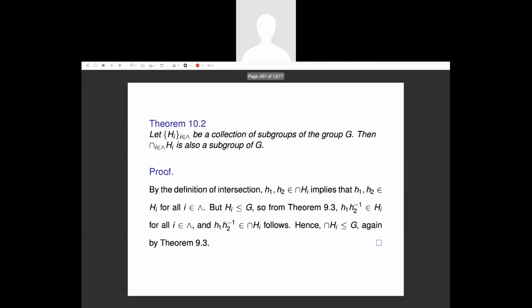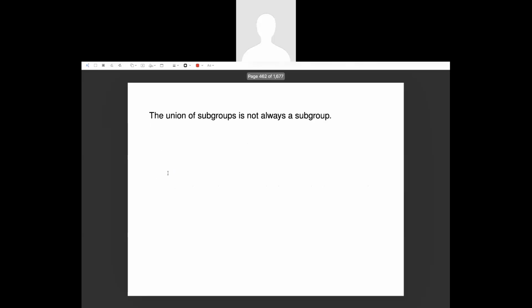Now the next point is very interesting. We can say that the union of subgroups is not always a subgroup. The next question is: when is the union of two subgroups again a subgroup?